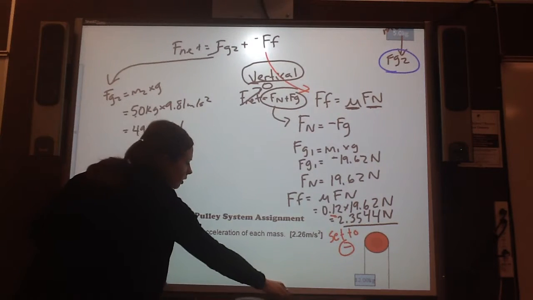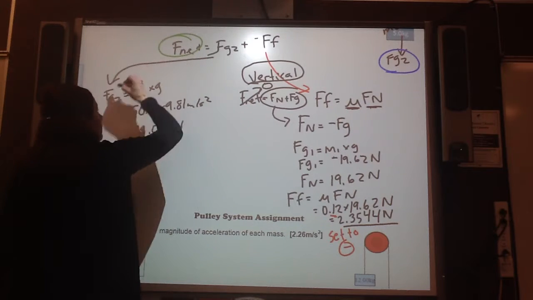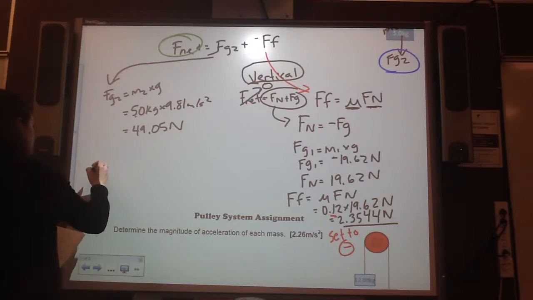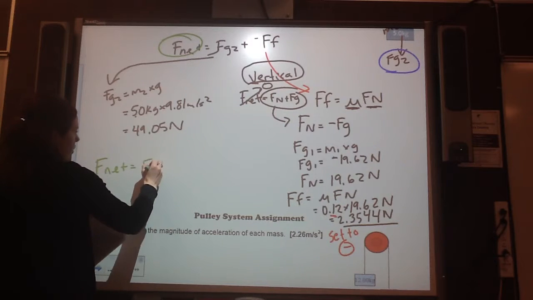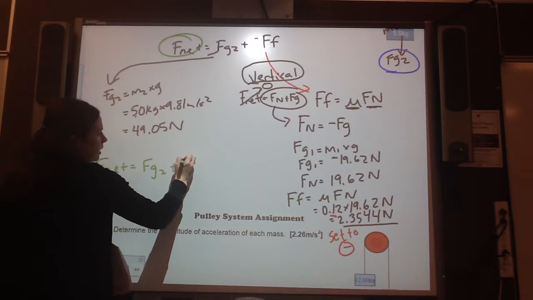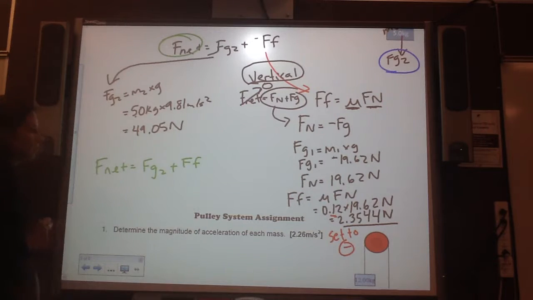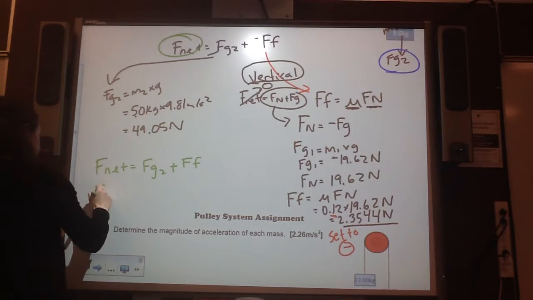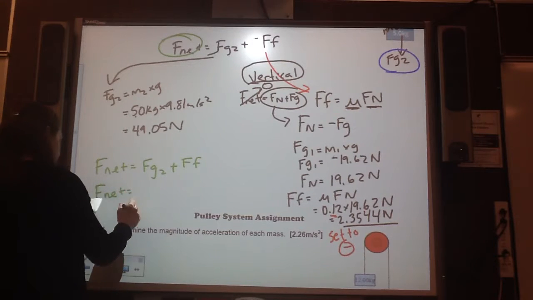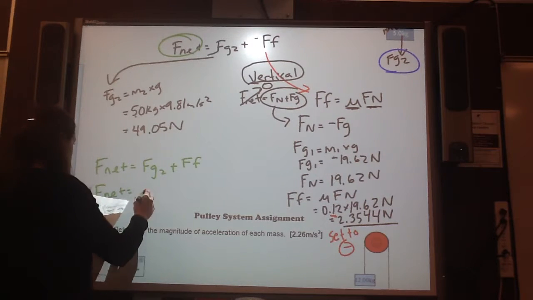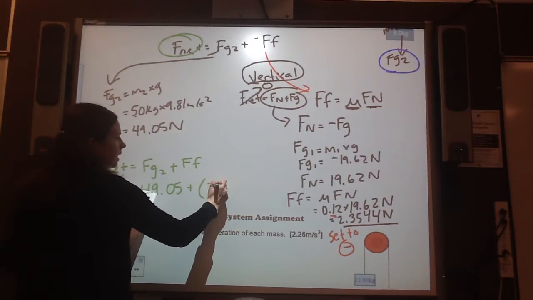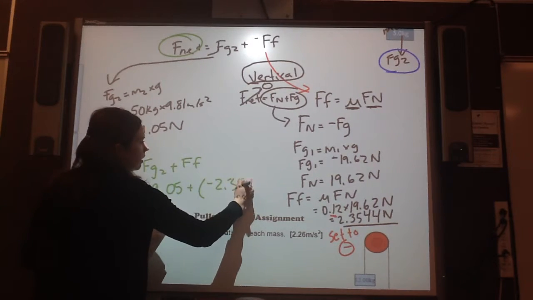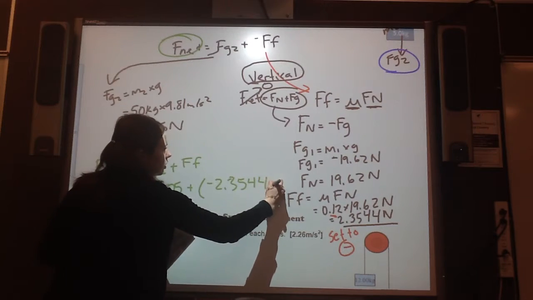So now I can find my F net. F net is equal to Fg2 plus Ff. So F net is equal to 49.05 plus negative 2.3544 newtons.